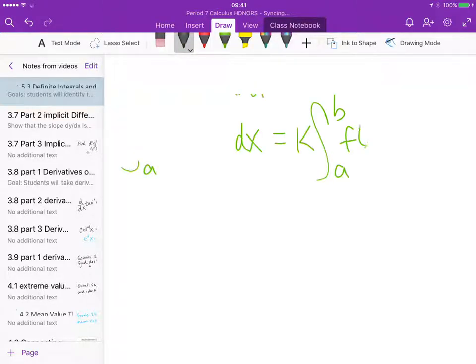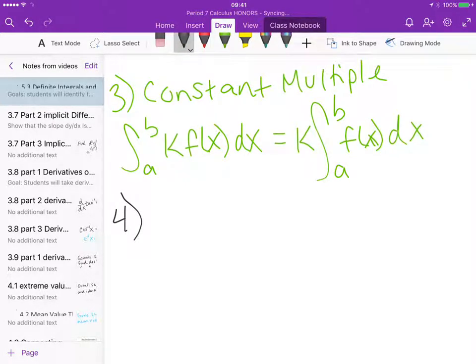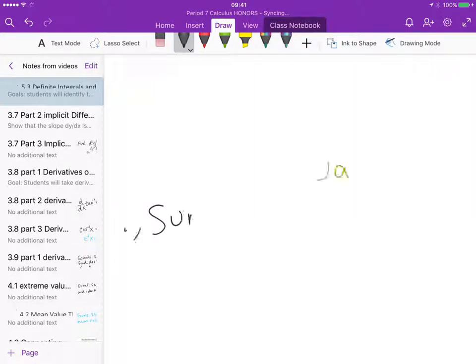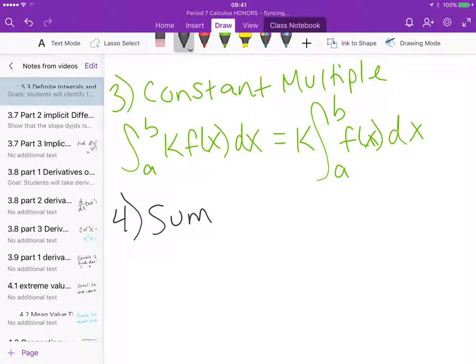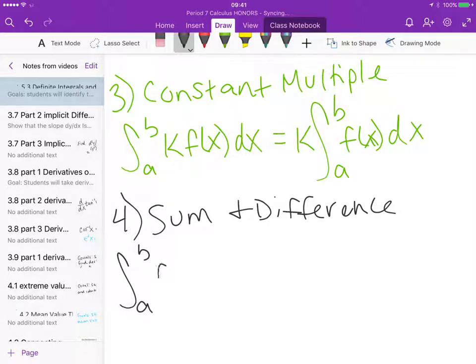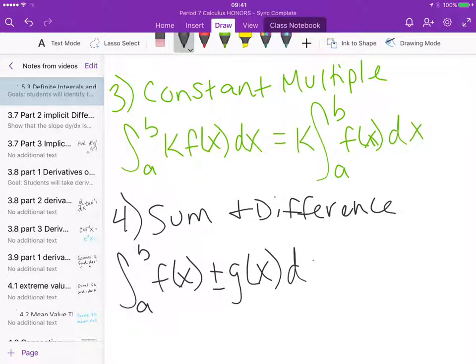Moving right along, the fourth one we are going to look into is the sum and difference rule. Let's say we are taking the sum or difference of 2 separate functions, so it looks something like this: the integral from a to b of f of x plus or minus g of x, I don't care, sum or difference, dx.